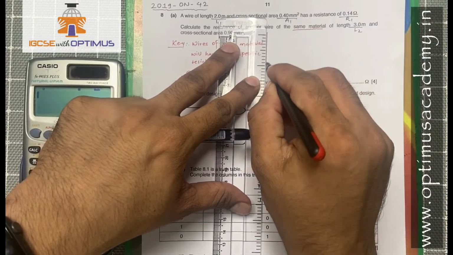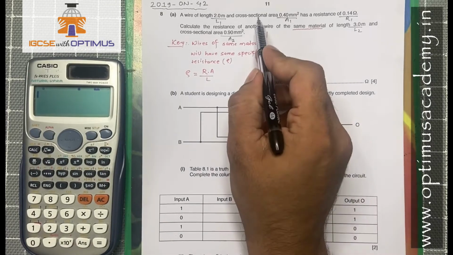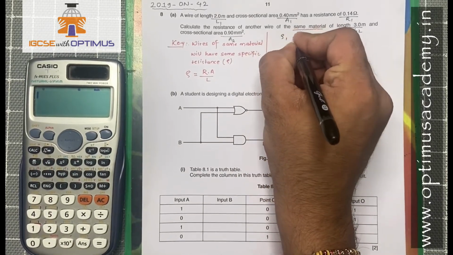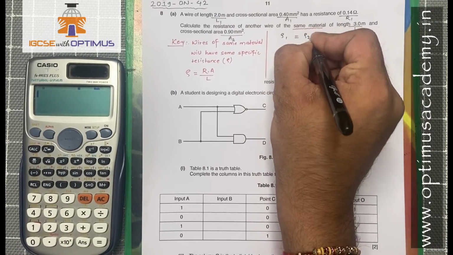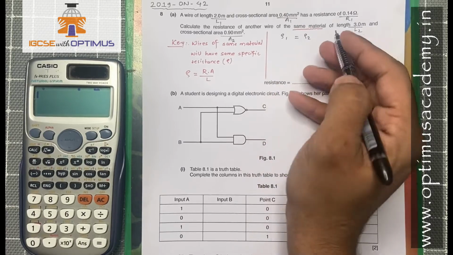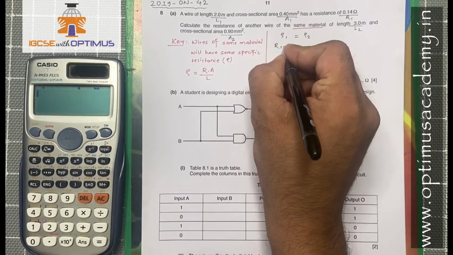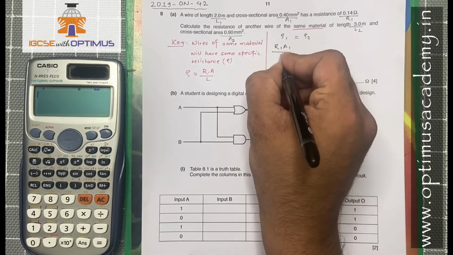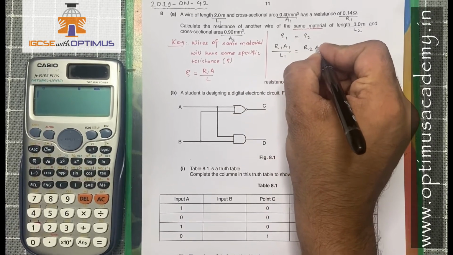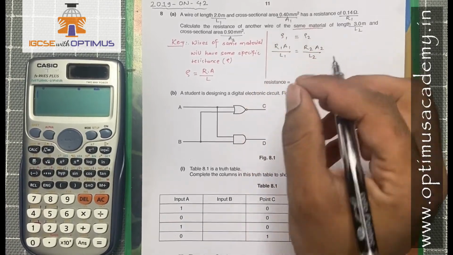Now, what we can do here, pay attention. We know that these two wires are made up of same material, so they are going to have same value of specific resistance. So specific resistance of first wire is equal to specific resistance for the second wire. So rho 1 can be given as R1 into A1 upon L1, and rho 2 can be given as R2 into A2 upon L2.